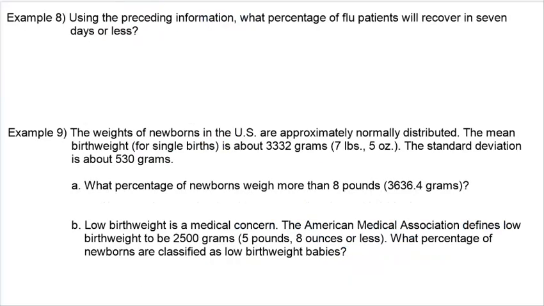Okay, let's do another example. Using the preceding information, what percentage of flu patients will recover in 7 days or less? Now 7 is our data point, 8 is our mean, and we still have the same standard deviation. So we get a z-score of negative 1.1, and this is what percentile scores are all about, 7 days or less.